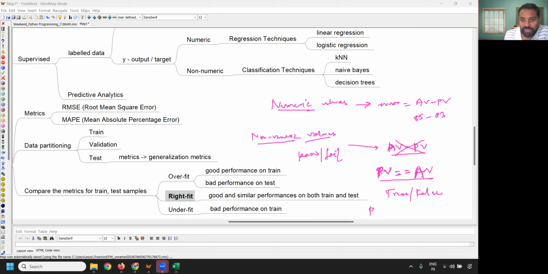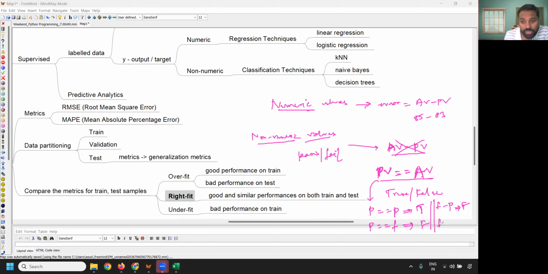That means if I have the predicted value as pass and the student actually passes, then the comparison is true, right? But if the predicted value is pass, but in actual, the student failed, then this is a false case. Likewise, we may predict the student failed and the student might actually pass, so I'll get a false output here.